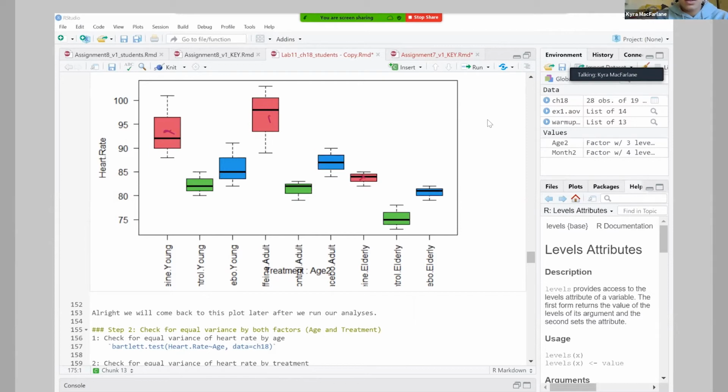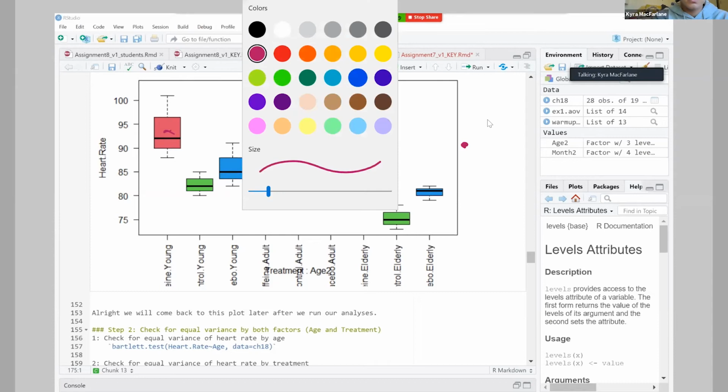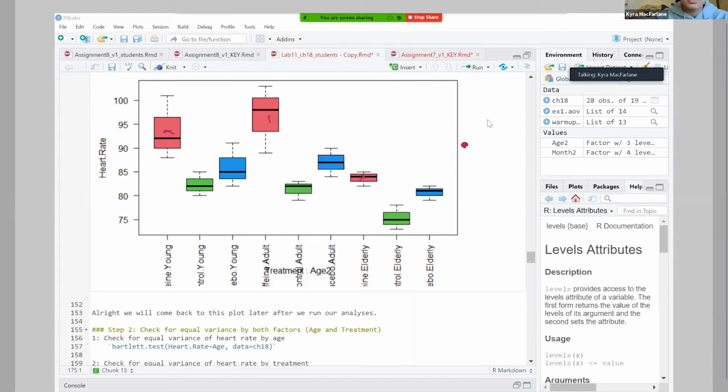The average for caffeine is maybe here. Let's now average for the control.